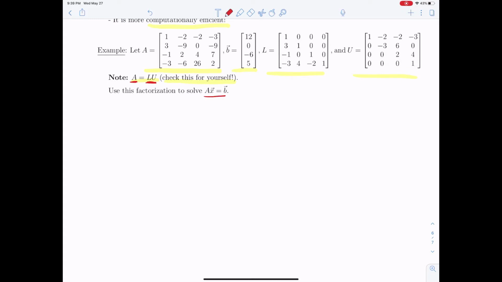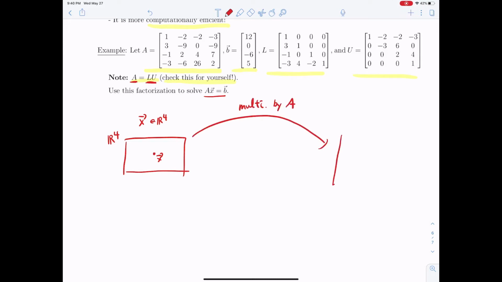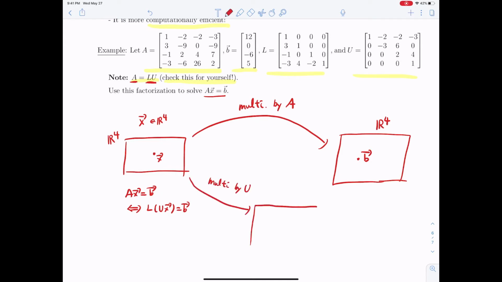Solving for X means you want to find X in R4 such that if you multiply A by X, that should map X into the point B. But here, if A equals L times U, then AX equals B is equivalent to L times UX equals B. So we can think of this as first multiplying by U to get U times X in R4, and then multiplying by L to get to the point B.